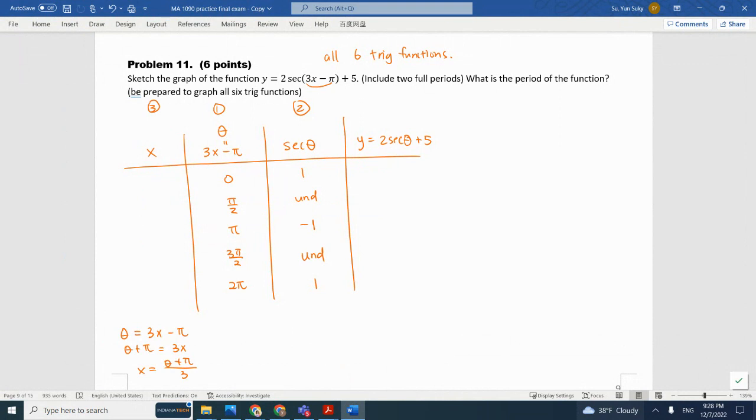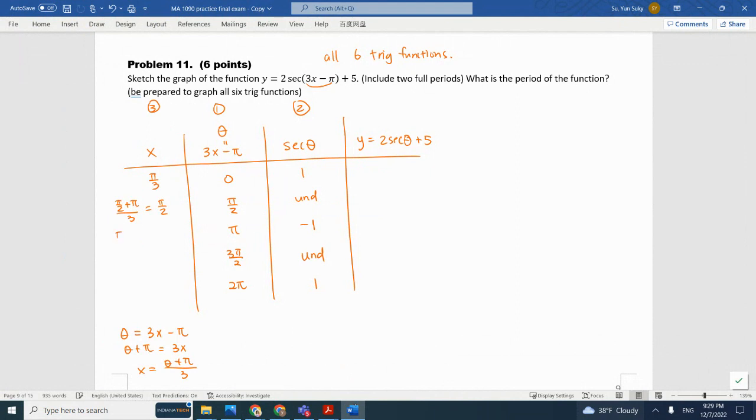Plug in different theta. So theta is 0. Therefore, x is (0 plus pi) over 3, which is pi over 3. And then here, pi over 2 plus pi is 3 pi over 2, divided by 3 is pi over 2.